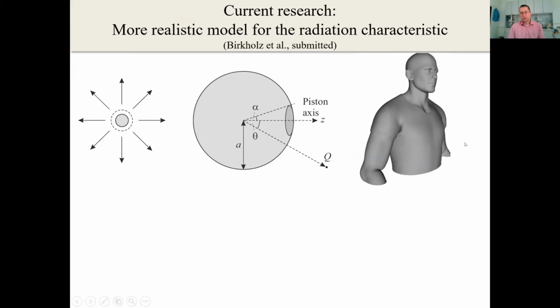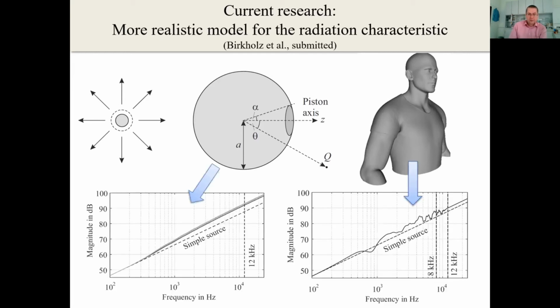And we also compared this with an even more sophisticated model, and that is this 3D model of a speaker, where we really simulated the whole acoustic field around the speaker with torso and with the head using a finite element simulation. And when we look at the simulated transfer functions for these cases, they look like this.